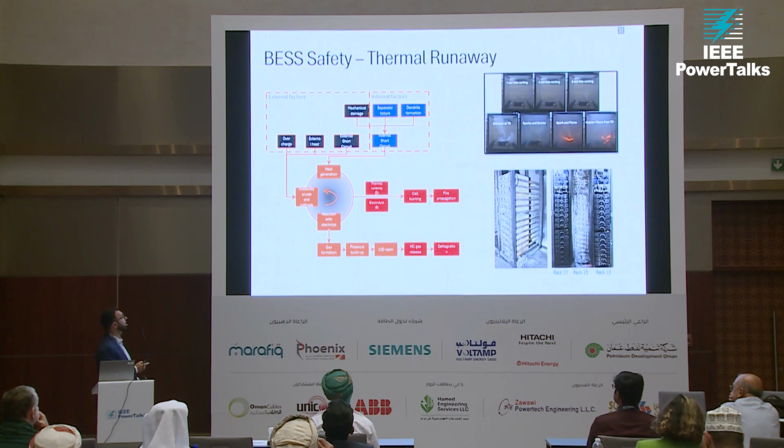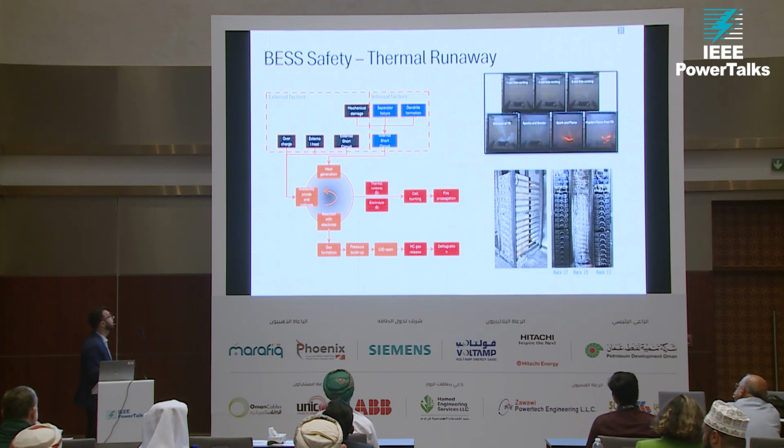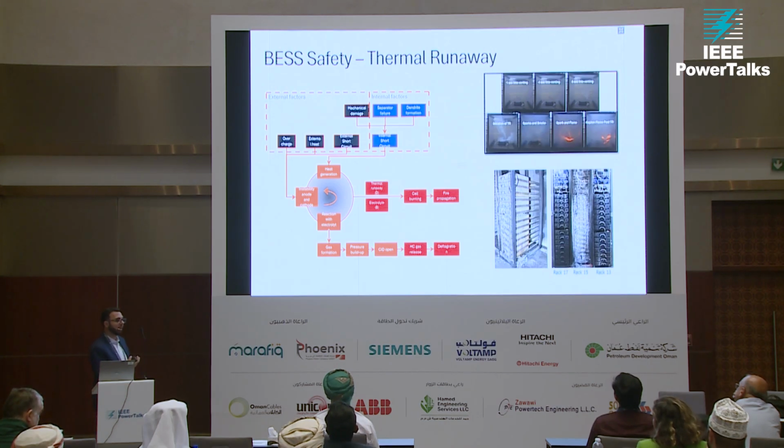Similar factors are internal, so cell failures, bad QA/QC on the modules or on the cells, that results in short circuits, over voltage. But also there's really a phenomenon called dendrite formation. And this is basically related to the electrolyte.